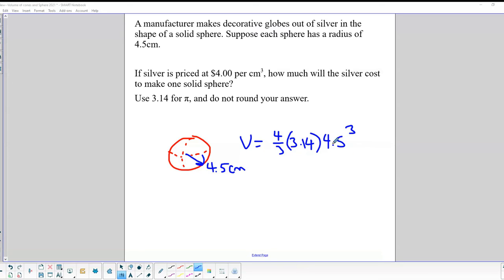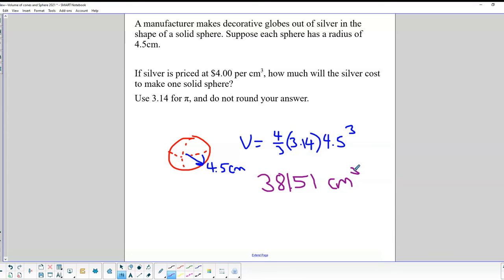Okay, and then 4.5 to the third is going to be 4.5 times 4.5 times 4.5, just like that. And our amount is going to be 381.51 centimeters cubed.